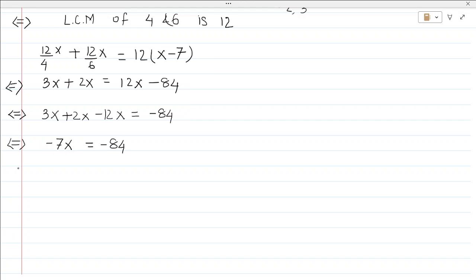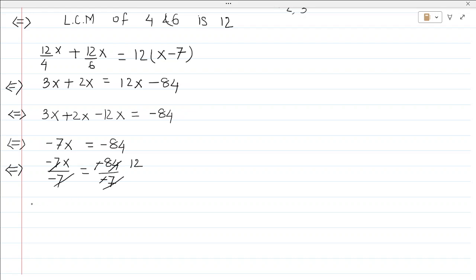Okay, so now dividing both the sides by minus of 7. So minus 7x, we are dividing both the sides by minus 7. Now we have divided. So cancelling this 7 with this 7, this minus with this minus, 12 7s are 84.